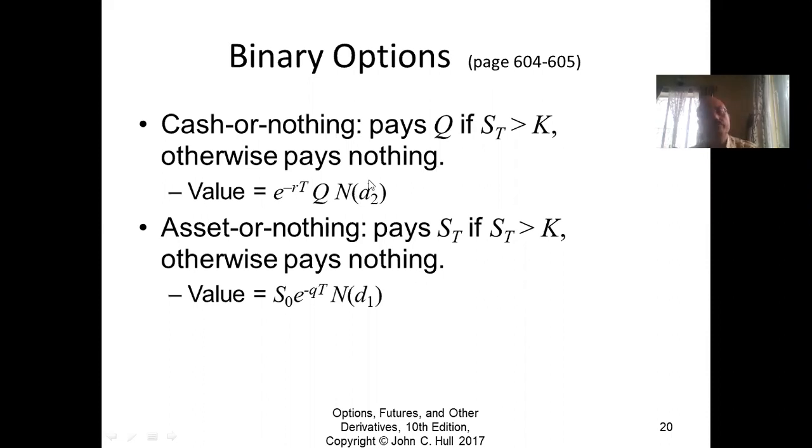You can also think of a binary option which will give you the asset or nothing. So it can be either cash or nothing or asset or nothing. For asset or nothing, you will use the stock price. For cash or nothing, you will consider the fixed amount of cash that it promises. So binary options are important because if you look at this carefully, binary options create a basis for the whole option spectrum.